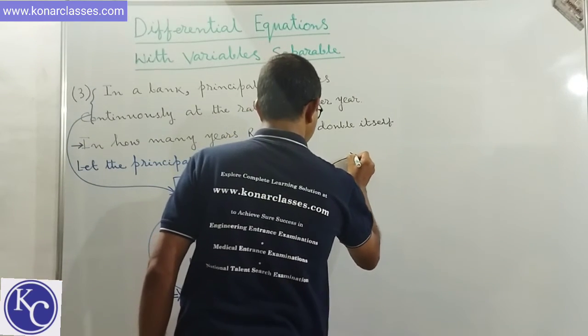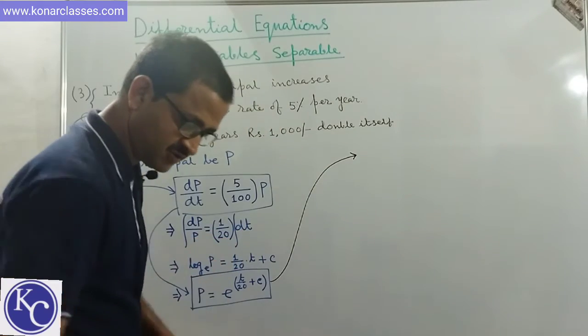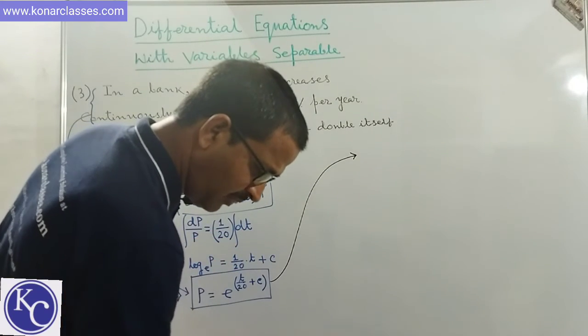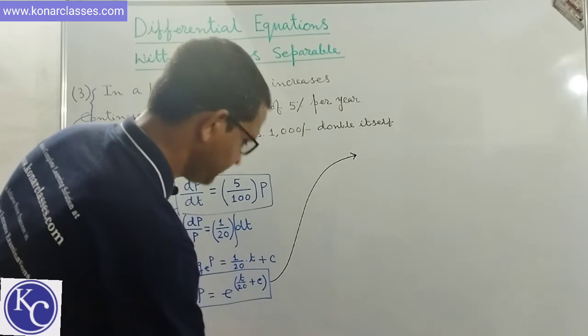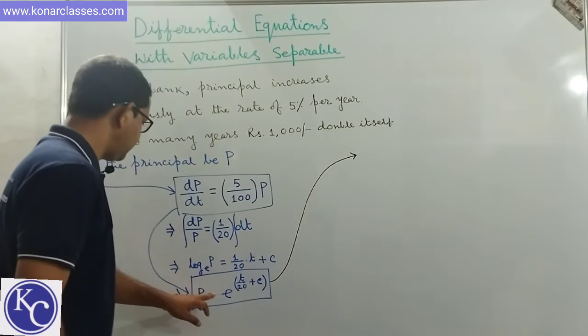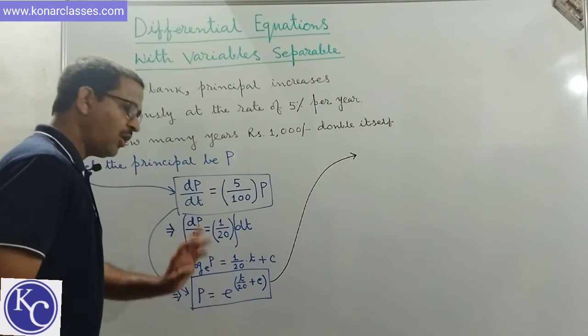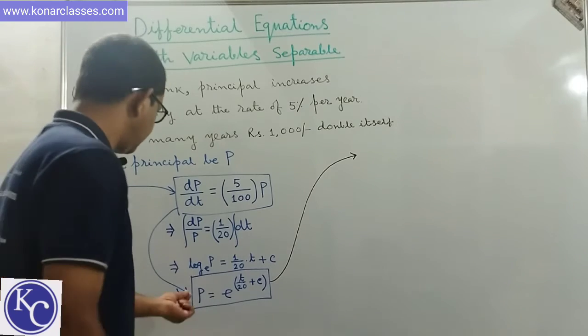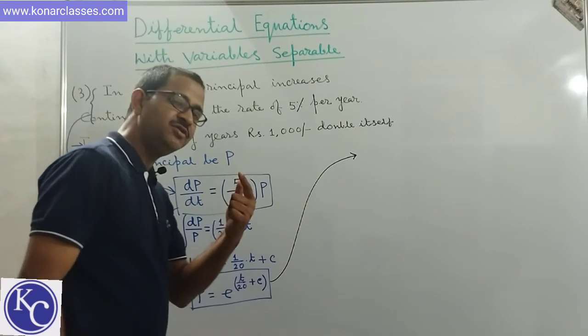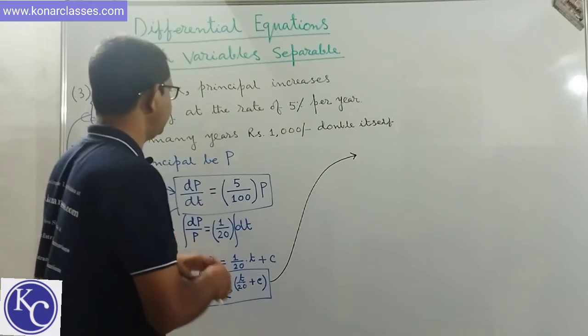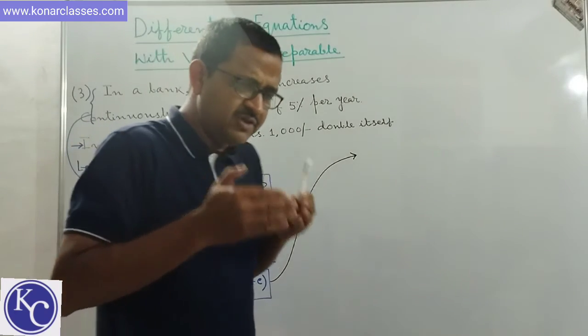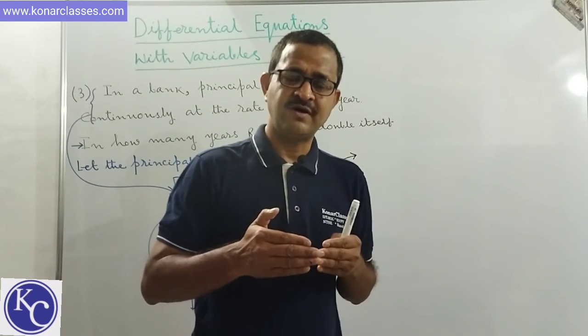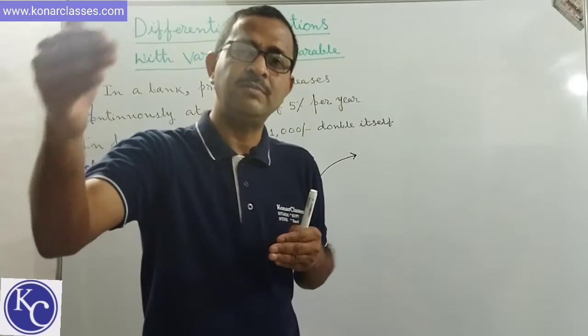So let's come here and discuss. One thing, dear students, is that when the value of P is equal to 1000, the time is 0, because that is the beginning. With the principal of 1000, I am going to find the time required to double itself.